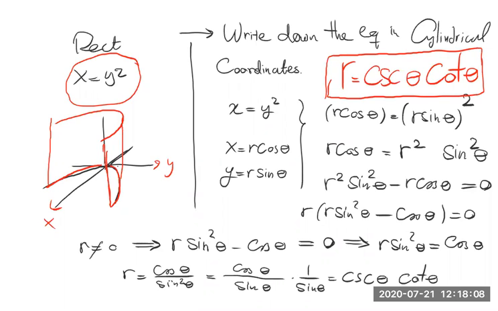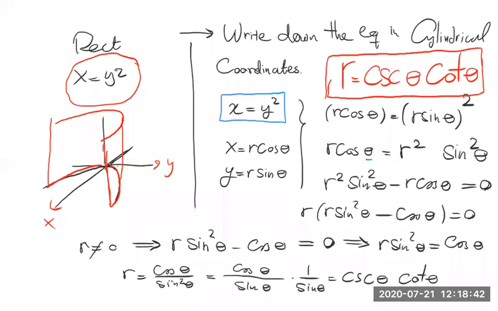So here the equation was x equals y squared, and we want to write down this equation in cylindrical coordinates. What I would do, I would say in cylindrical coordinates, x is r cosine of theta and y is r sine of theta. So I would just substitute them into this equation, x equals y squared. I would say x is r cosine of theta equals y squared, but y itself is r sine of theta.